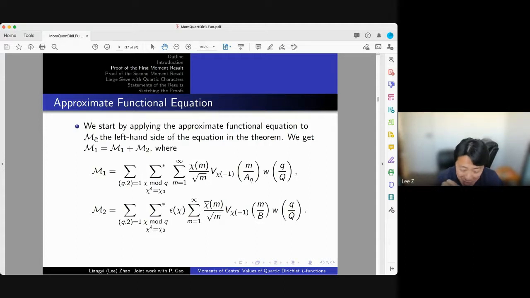In other words, if s has real part between 0 and 1, and 1/2 is certainly between 0 and 1. So if you apply this approximate functional equation, which gives approximate values of L(1/2, chi), you end up with these two sums.